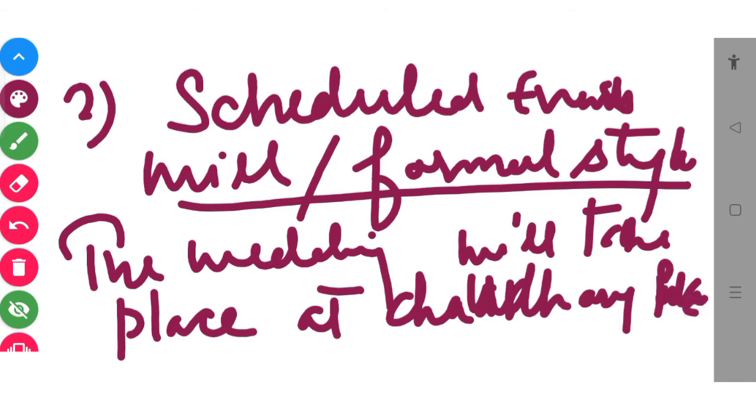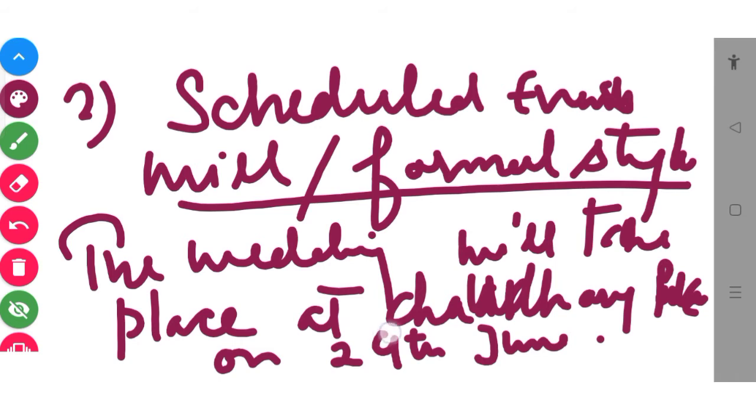That is a scheduled event. When I say on 29th June, I have scheduled it on a certain date in the future. For that we use simple future tense.